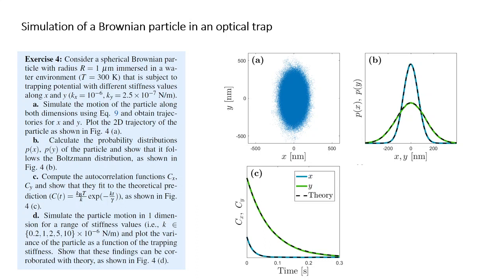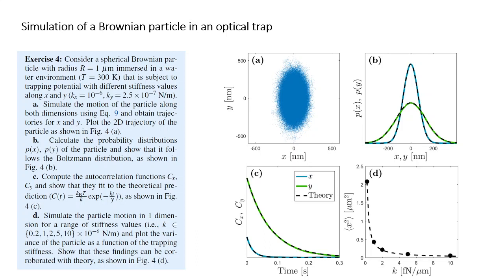The details of the autocorrelation function and how to calculate it numerically can be found in the lecture notes in detail. And in the last part, you are going to simulate an optically trapped particle in 1D for various values of the stiffness, and then you are going to show that the variance of the particle's position is scaling with 1 over k, as it can be seen from the plot in D.